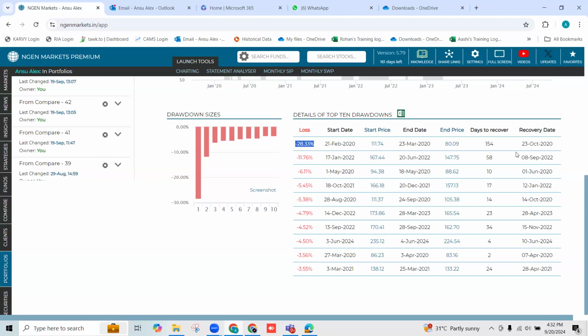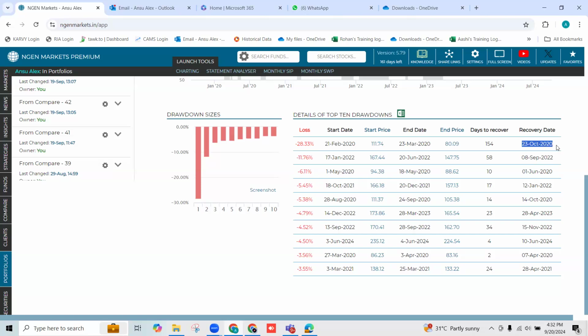And it also shows when the recovery happened. 23rd October 2020. This is the date when the recovery happened, meaning on this date, the NAV of the portfolio crossed this start price. That is the reason this date has been mentioned as the recovery date.